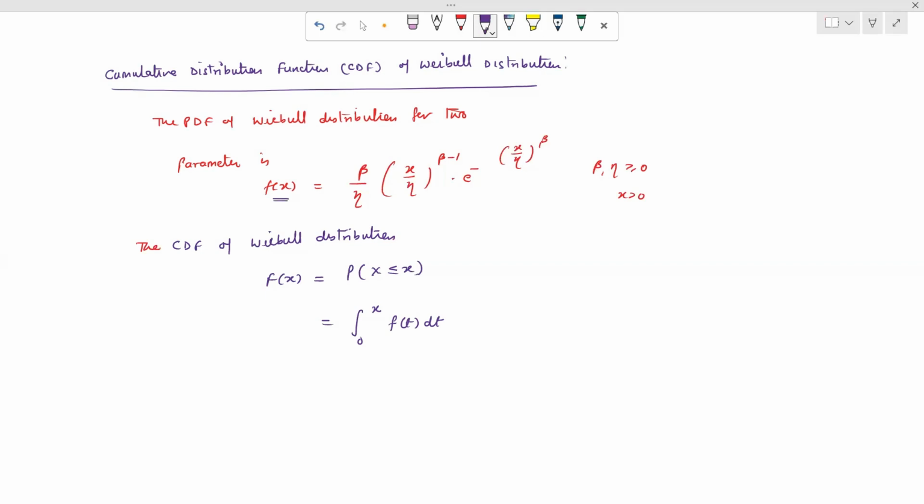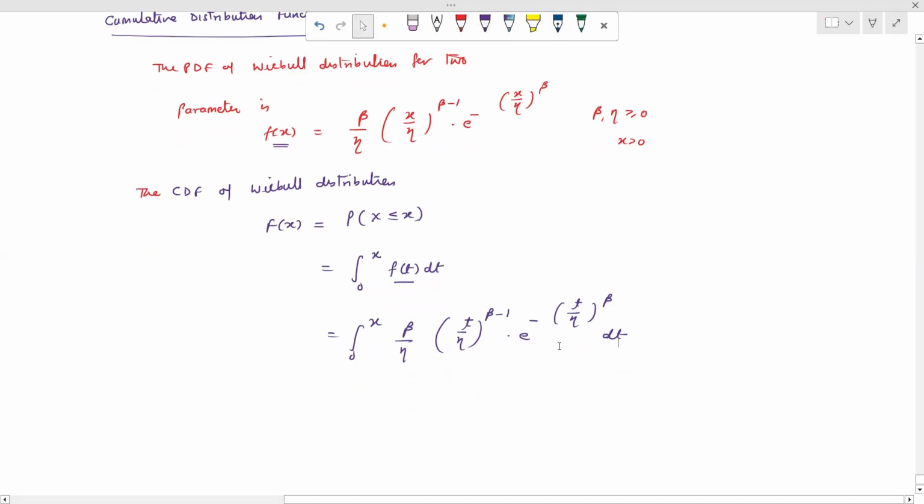This is equal to integration from 0 to x of beta upon eta, t upon eta raised to the power beta minus 1, into e raised to the power minus (t upon eta) raised to the power beta, dt.